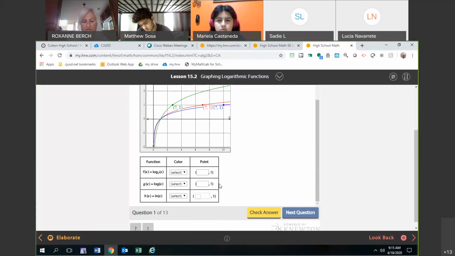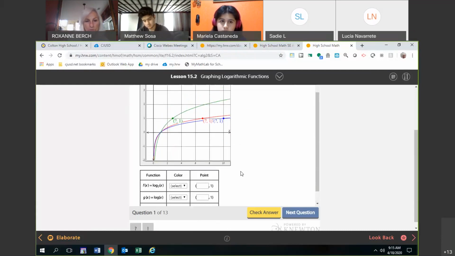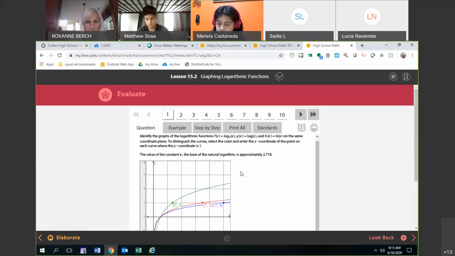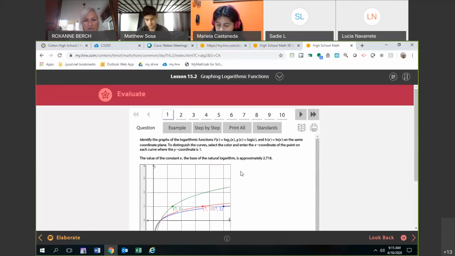So there is a problem like this on the exam. Just to recall, E is the base of the natural logarithm, and the value of E is about 2.7. Make sure you know how to do this problem.